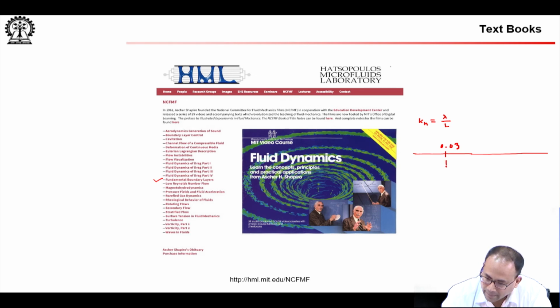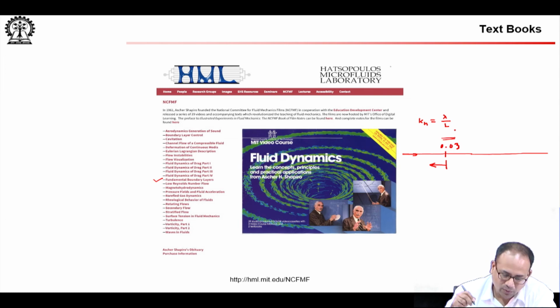in this region your no slip behavior is what happens. For your aircraft wing that we drew, the Knudsen number is far below 0.03, you can work it out, because that lambda, say at an altitude of 32,000 feet, is really small. So, it will be far on the left of this limit.